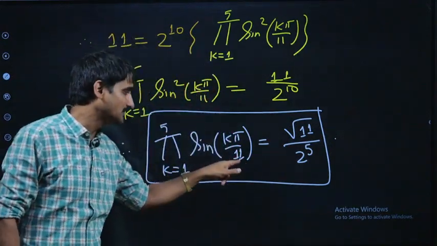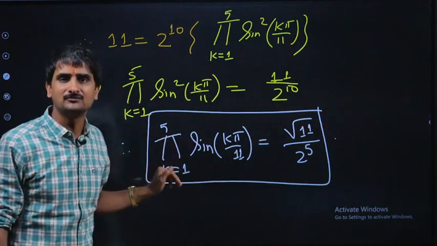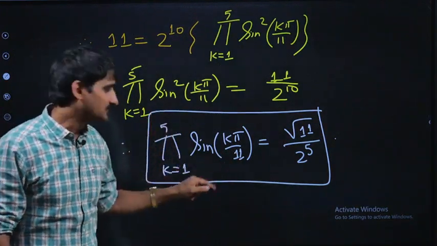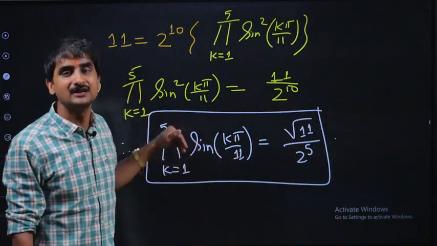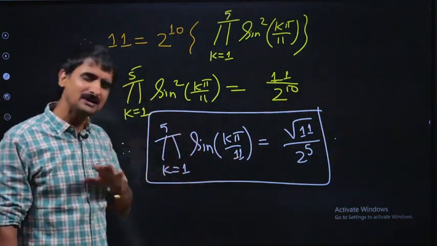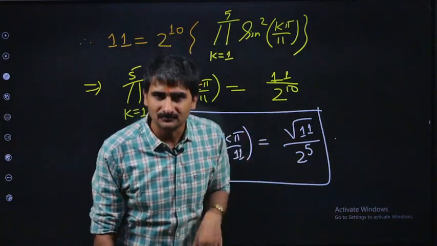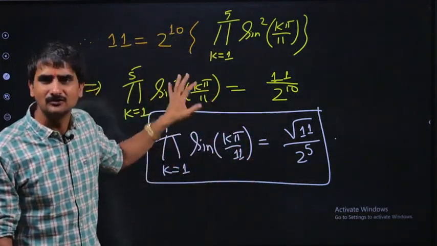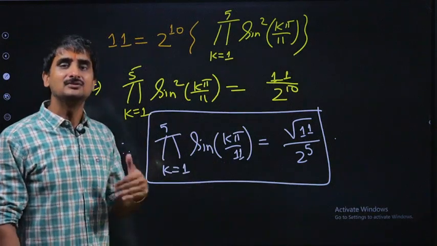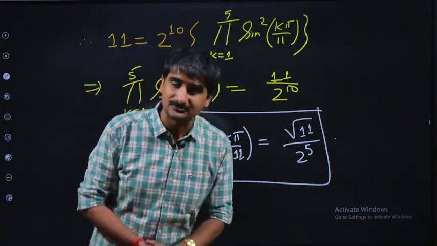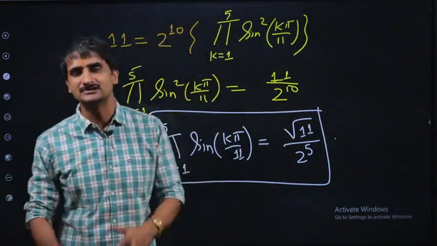If it had been 21, then k would have gone from 1 to 10. If it had been 31, k would have gone from 1 to 15. In any such case, you can use this method to get the value of the series. So that's the solution for today's question.